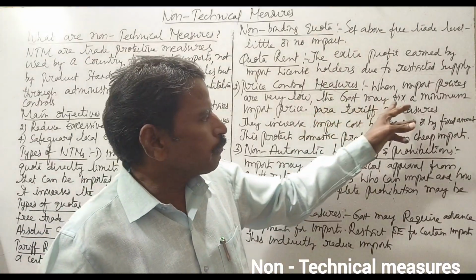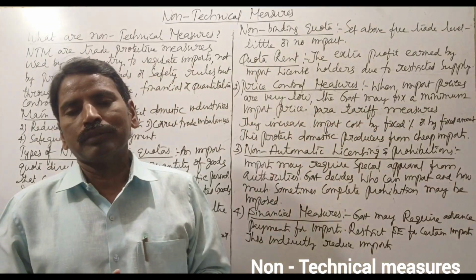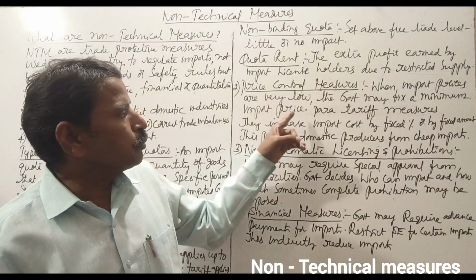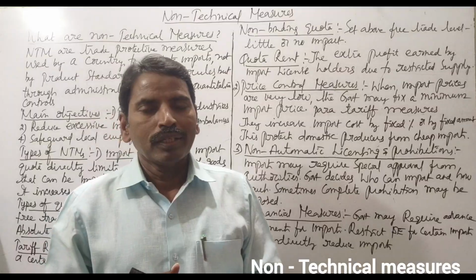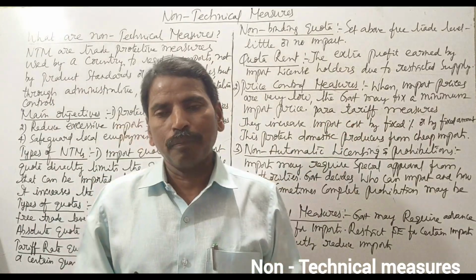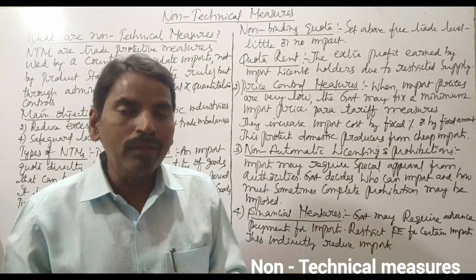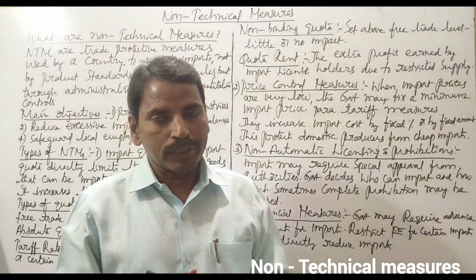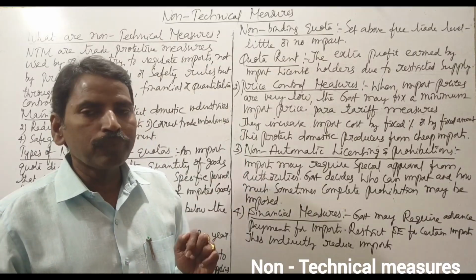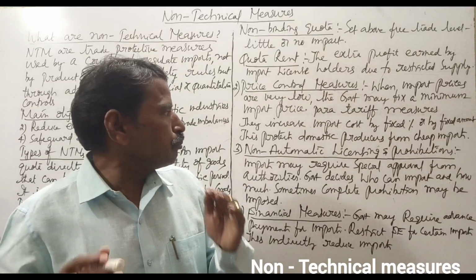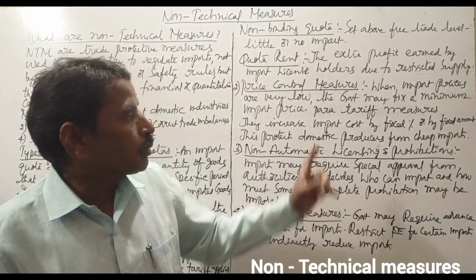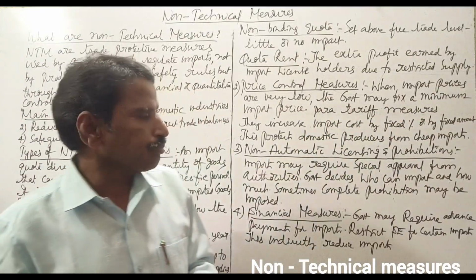When import prices are very low, the government may fix a minimum import price. These measures are called para-tariff measures.